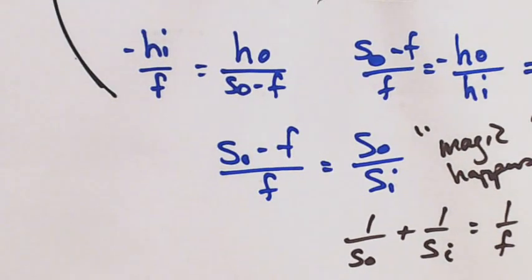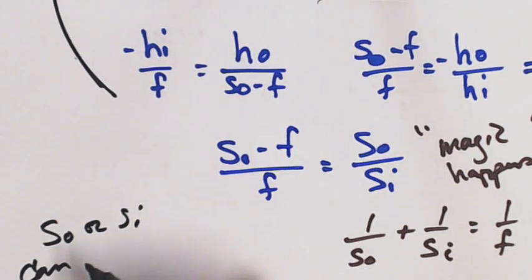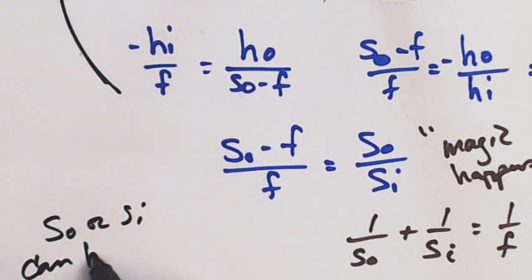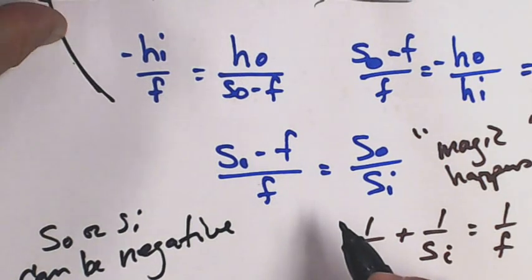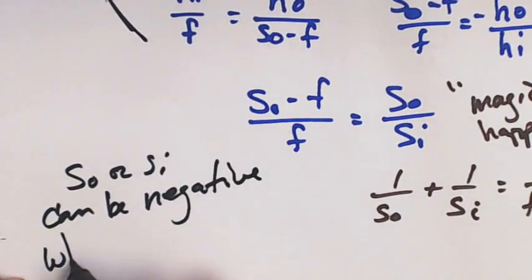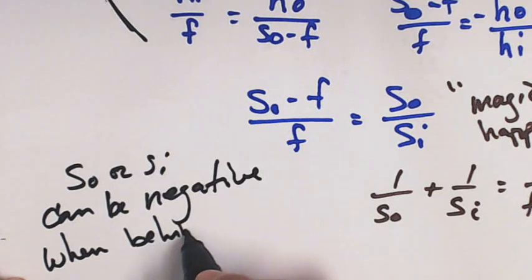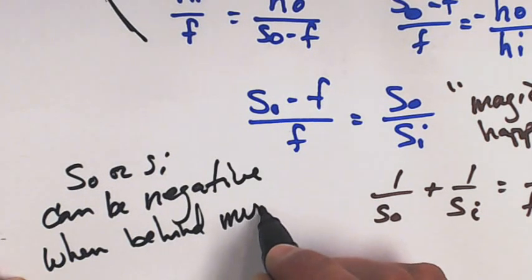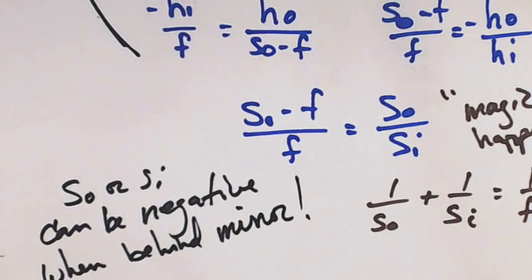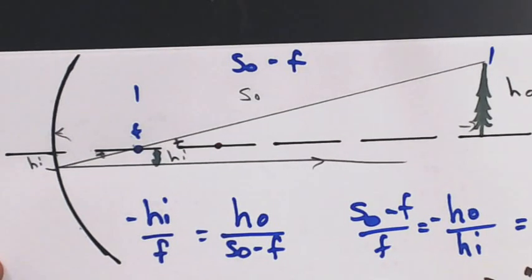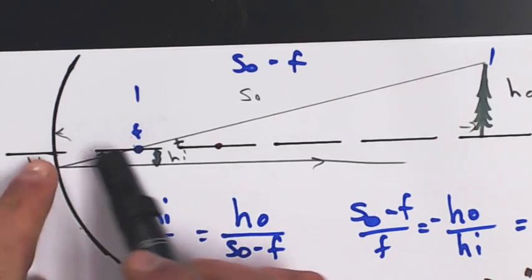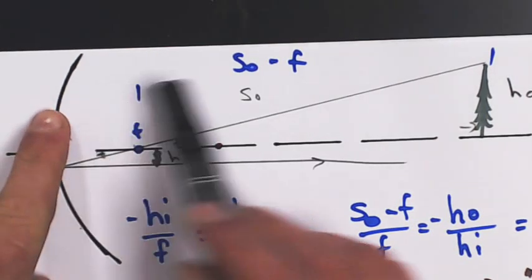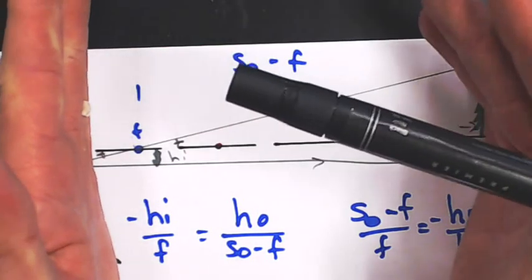The distances to the images, SO or SI, can be negative when they're behind the mirror. So on our image here, notice this is a positive distance and a positive distance because they're on the same side of the mirror.